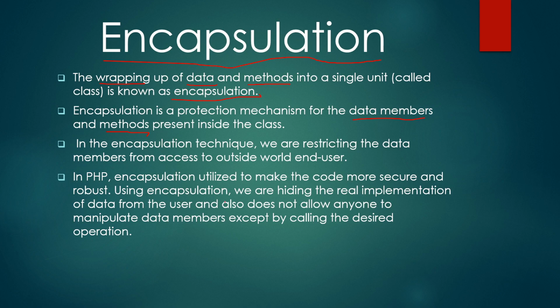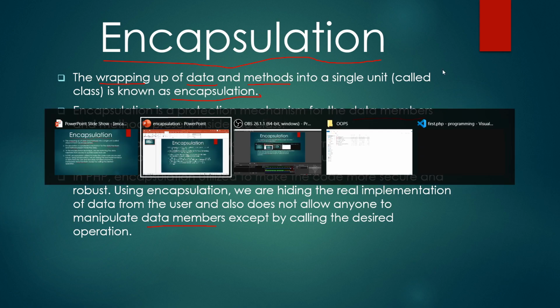Using encapsulation, we are hiding the real implementation of data from the user, and it also does not allow anyone to manipulate data members except by calling the desired operation. Okay, so now let's see this practically. I'll just explain it to you once again using the code so that the concepts become more clear.